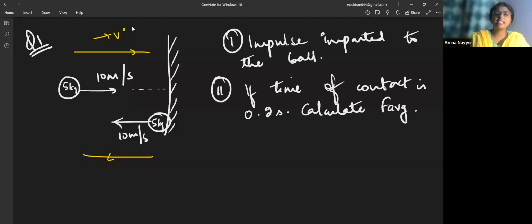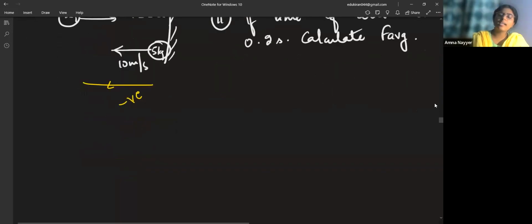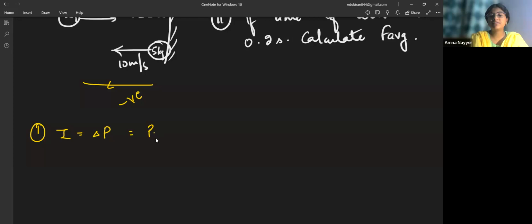Choose any. Let's take this as positive and this as negative. You are free to choose any type of sign convention. Impulse is asked. Impulse is what? It is actually the change in momentum. So the change in momentum is final momentum minus initial momentum.